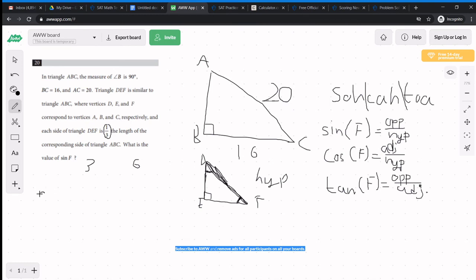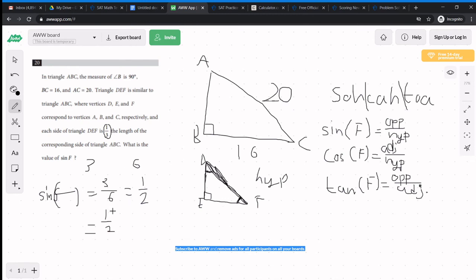Sine of f of this big triangle would be 3 over 6. Isn't that the same thing as sine of the small one being 1 over 2? Because you just divide the top and bottom by 3. You simplify to 1 over 2. See, it's the exact same thing.